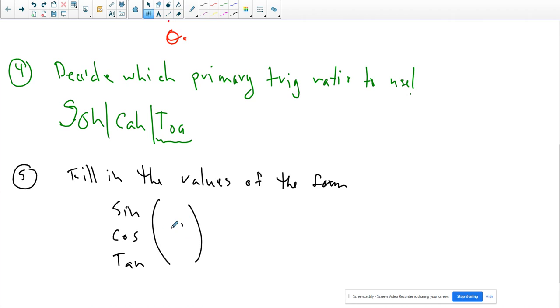Standard of always theta is equal to the first letter over the second letter.